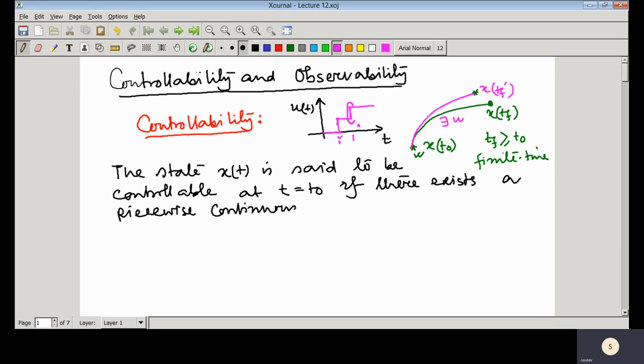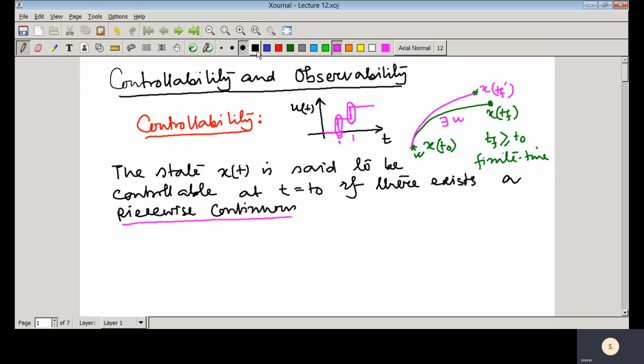So there may be some finite discontinuous points. Then that signal is called piecewise continuous. So whenever we have a control input signal, we may allow some discontinuous points, but these would be finite. So this is actually a piecewise continuous signal.